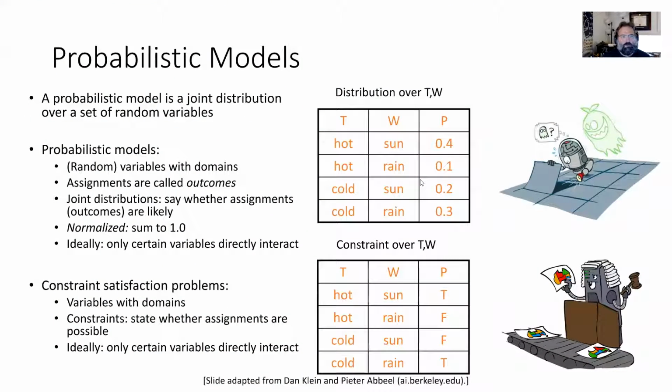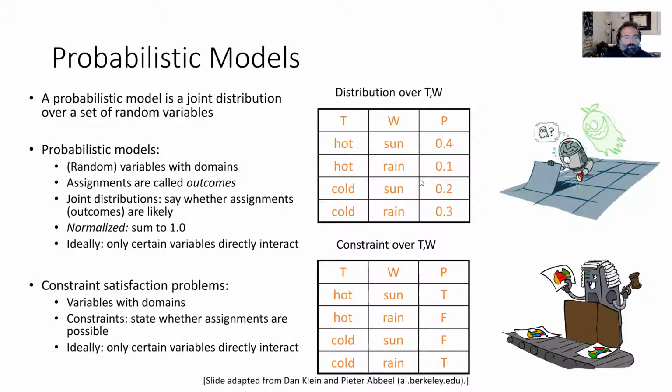A probabilistic model is a joint distribution over a set of random variables. Random variables have domains. They're assigned something called an outcome, and the joint distribution says whether assignments are likely or not, and they're normalized generally so that they sum up to 1. And ideally, only certain variables directly interact with others.